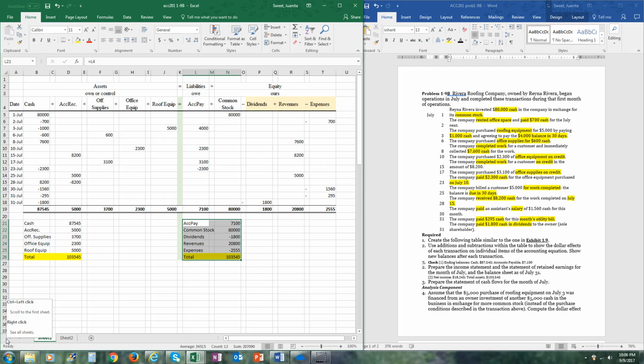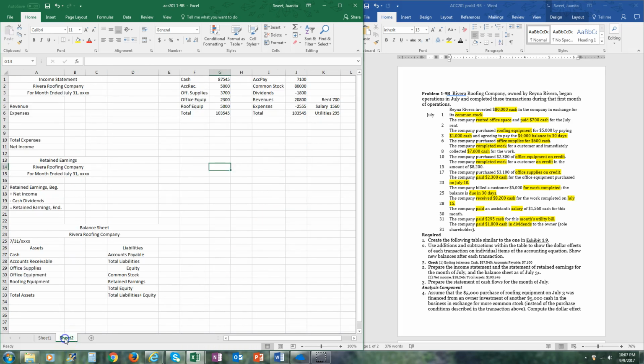Continuing on with our problem, we see that our ending balance is check. So we're going to go and take the next step, which is preparing the financial statements. So I've gone ahead and I've transferred my amounts over so I don't have to flip back and forth between the pages. The first statement you always do is the income statement. Our revenues were $20,800.